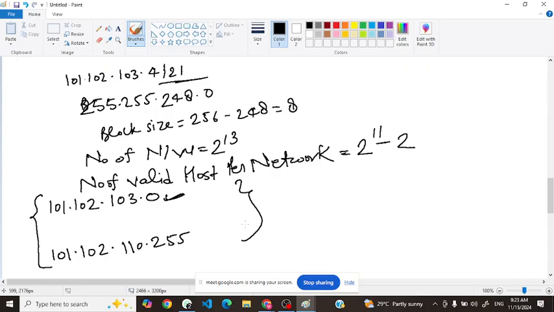It's a little confusing, but the network ID should be 101.102.96.0, right?